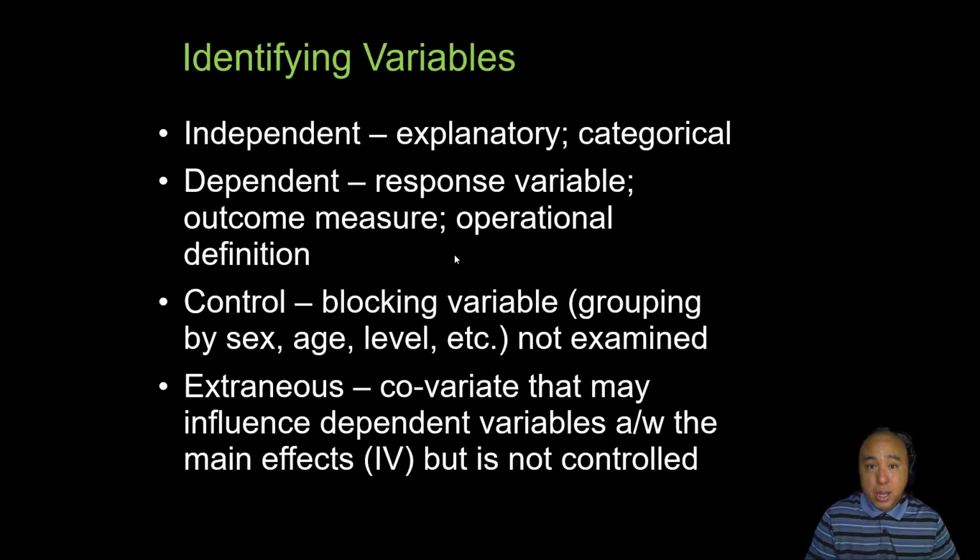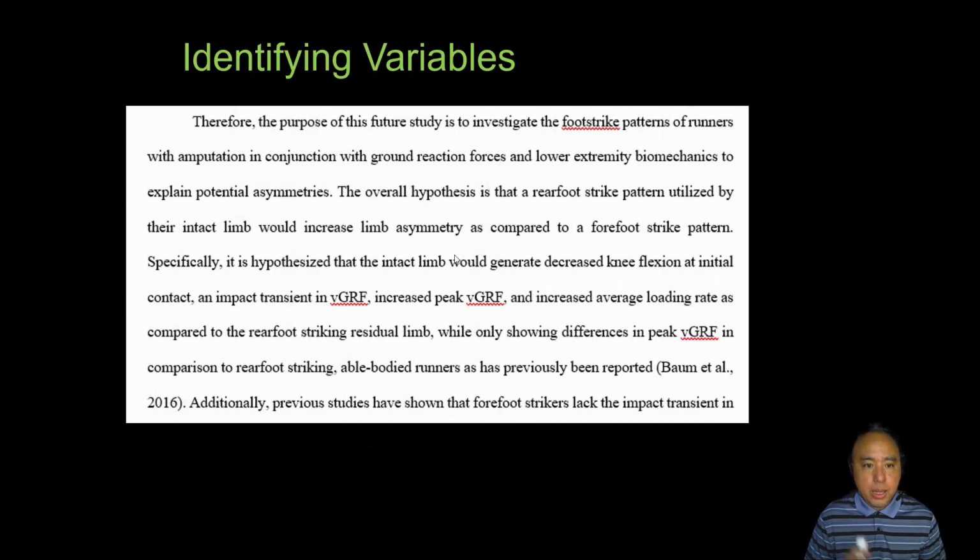We know that sex and potentially age could influence that data, so we could include that as a covariate. And so that's called an extraneous variable. And there are statistical ways in which we can account for the variance due to that variable. I explained that in a separate lecture. But that variable is not included as an actual independent variable, which you as a researcher manipulate or control.